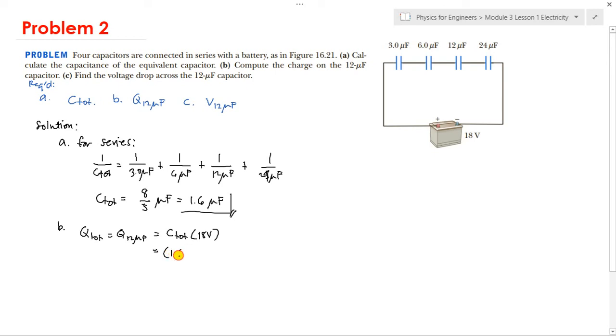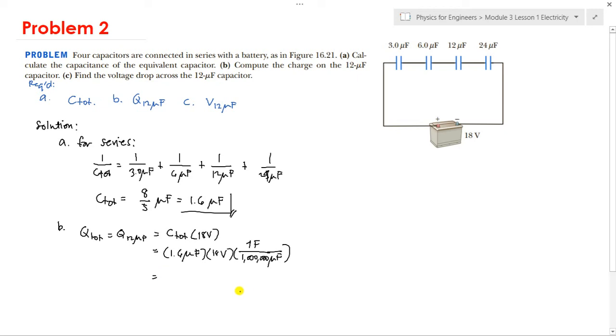So we now have 1.6 microfarad times 18 volts. Convert microfarad into farad, so 1 farad is 1 million microfarad. So we have here the total charge, 1.6 times 18 times 10 to the power negative 6.